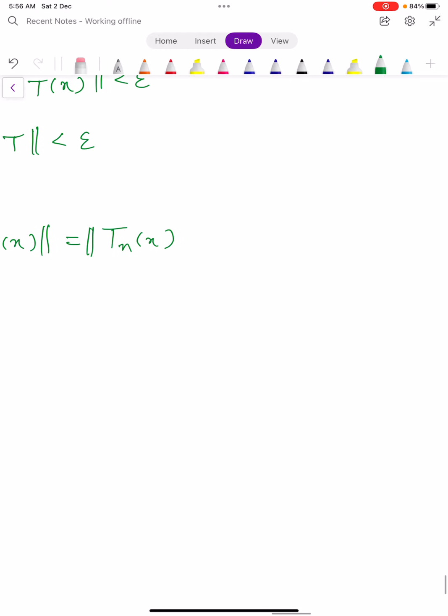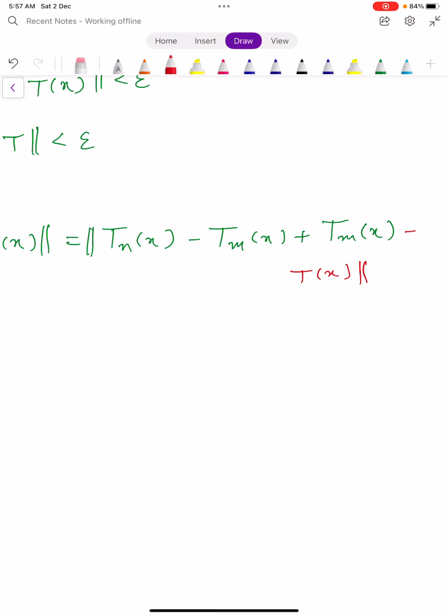Remember this. Now we consider norm Tn of x minus T of x, which is equal to norm Tn of x minus Tm of x plus Tm of x. I am subtracting and adding the same term, plus Tm of x, and now minus T of x.